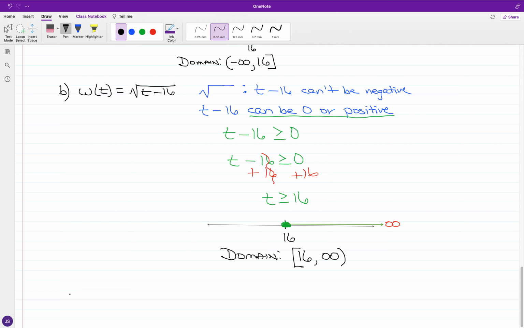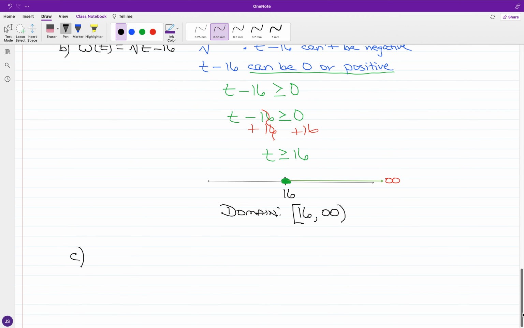And now, with the functions y of t and w of t, both of these were radical functions, and again, the order of 16 and t were interchanged. Now, for our function z of t, this is going to play a dual role as both radical and a rational function. And now we're going back to the square root of 16 minus t, but this time with z of t, we have the reciprocal of the square root of this difference expression.